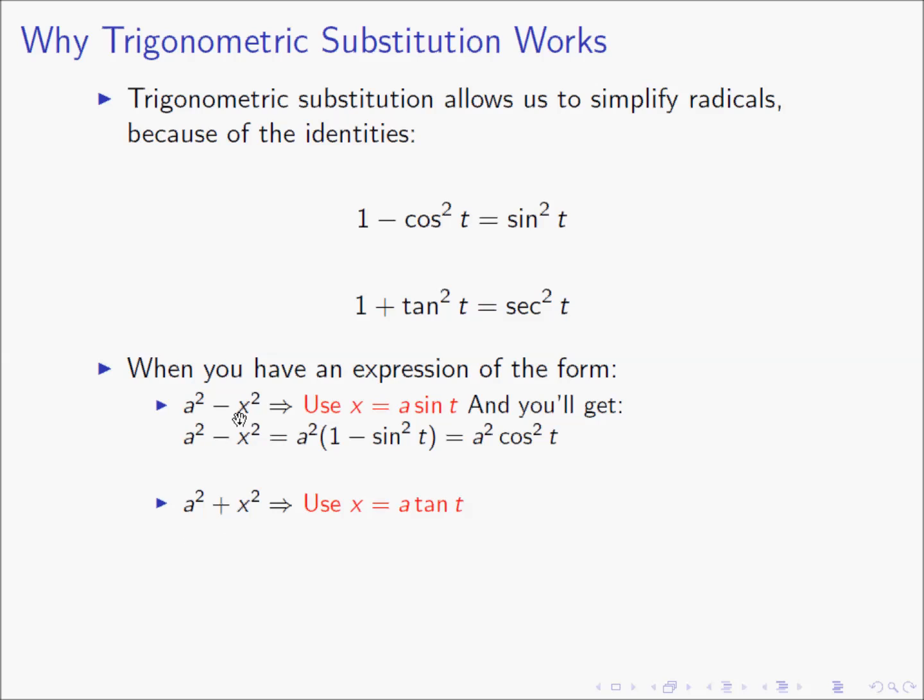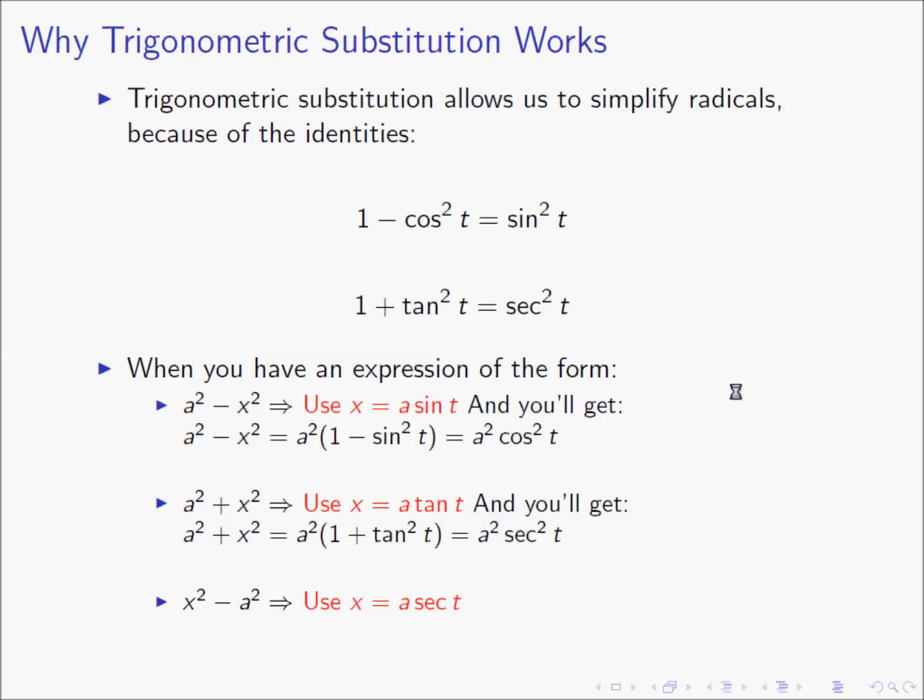And when you have an expression of this form, a squared plus x squared, you should use this substitution to try to use this other identity here. Because if you use x equals a times tangent of t, you get this expression, and using this identity, that should equal a squared secant squared of t.